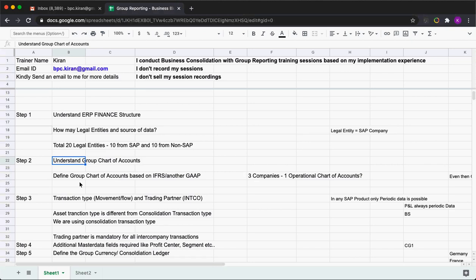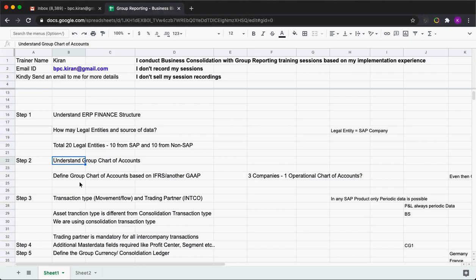So you take the Excel file which is given by SAP. You can download it from import mappings, operational chart of accounts mapping to group chart of accounts. There is an Excel file. You can insert that file in the document and just give some description.